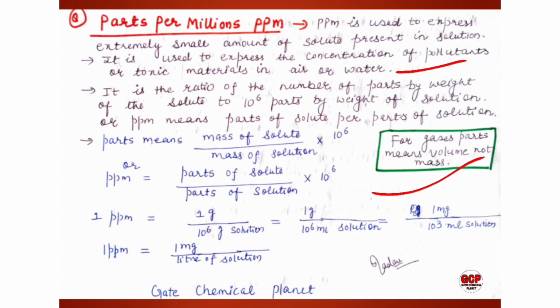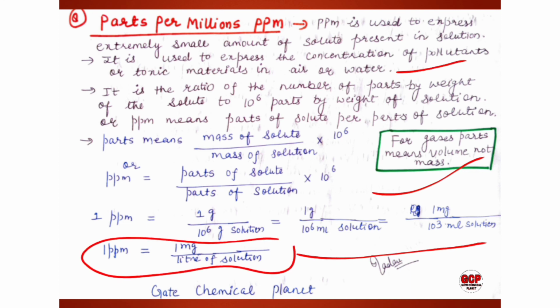Or we can also say ppm equals parts of solute divided by parts of solution into 10 to the power 6. 1 ppm equals 1 gram divided by 10 to the power 6 grams of solution. Or we can also say 1 gram divided by 10 to the power 6 milliliters of solution, or it is also equal to 1 milligram divided by 10 to the power 3 ml of solution. So 1 ppm equals 1 milligram per 1 liter of solution.